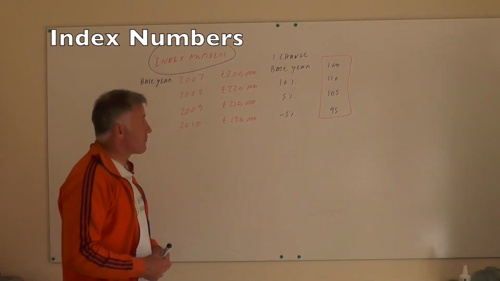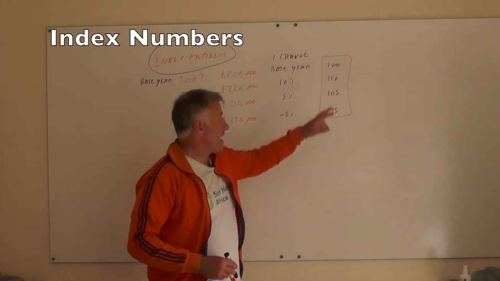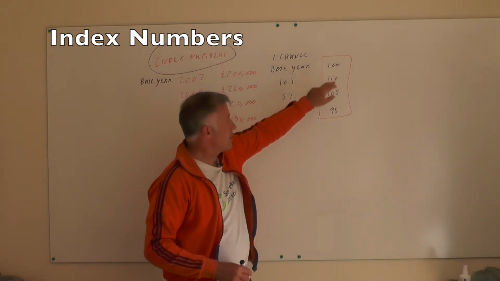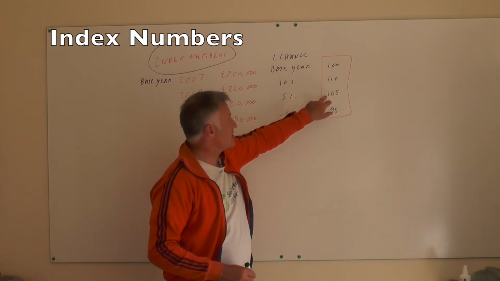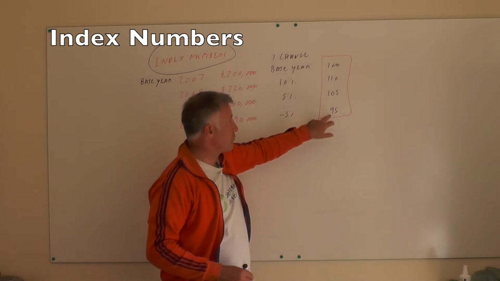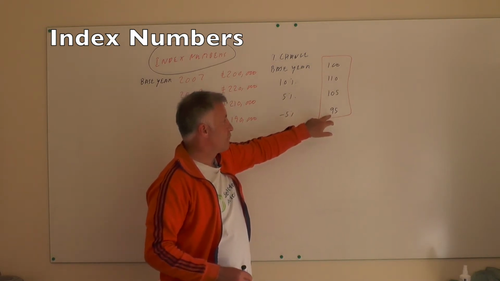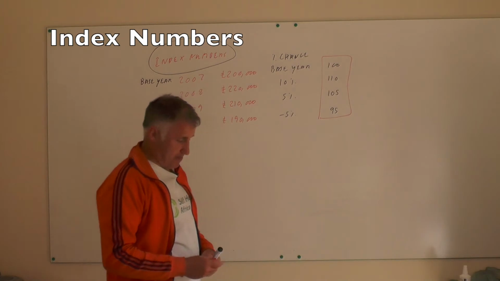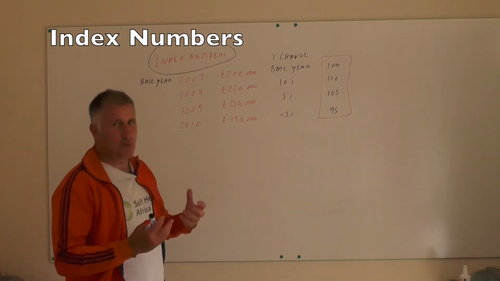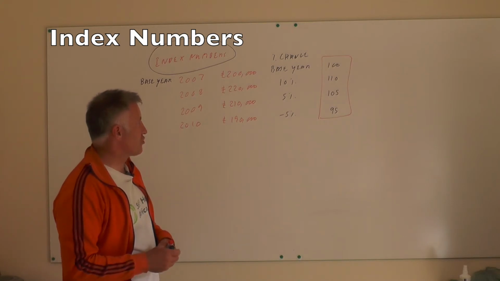And what we can tell from that very, very quickly is, okay, the house prices have gone up by 10% between this and what we call the base year. Here they've gone up by 5% from this number here and the base year, and here they've actually fallen by 5% between this number and the base year. Now we get those figures, so it just gives us a broad interpretation of what's gone on.